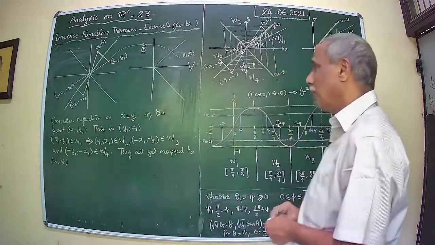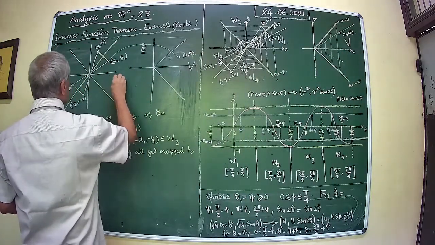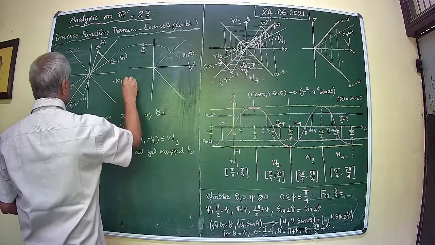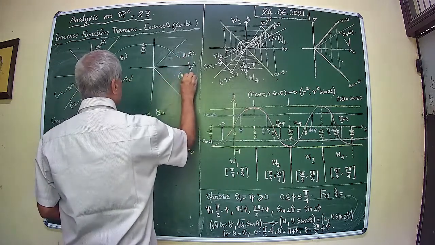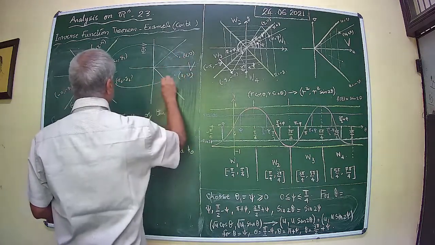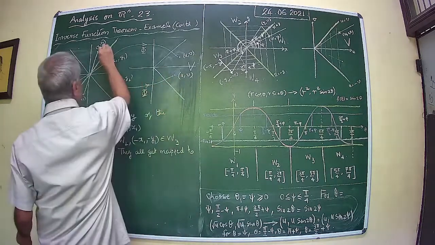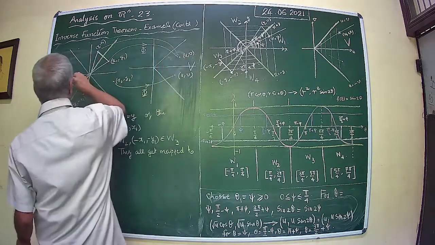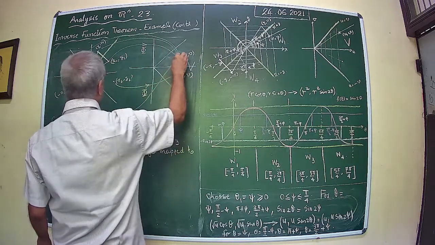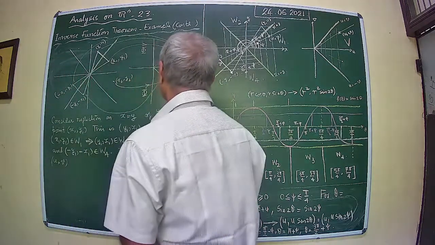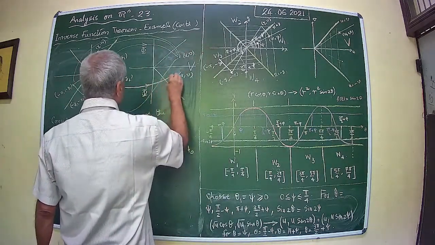Now, on the other hand, suppose you start with some xy here, then what happens? This also gets mapped here. See, this also gets mapped there. This also gets mapped to this point. Likewise, what you have is this x2, y2. This x2, y2 gets mapped to this one.